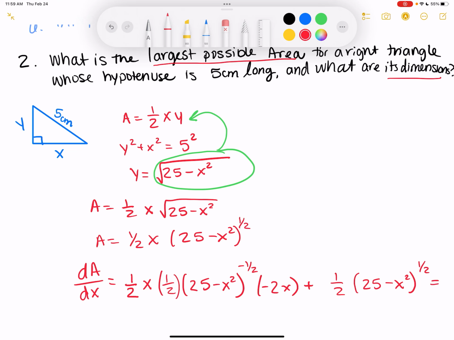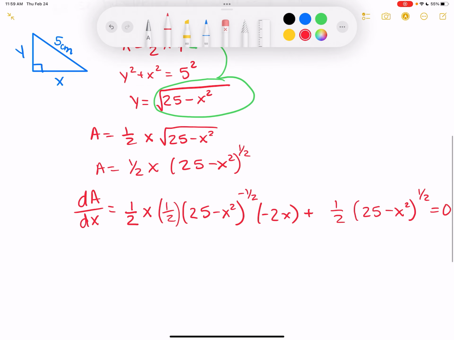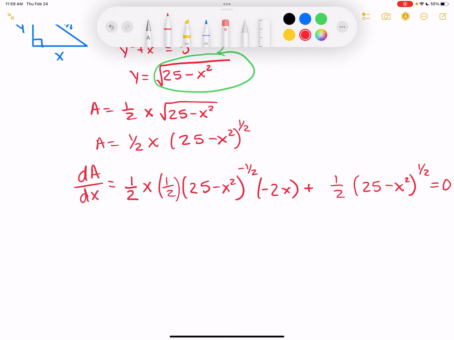And this is all going to be equal to 0. So I want to solve for x, which looks a little bit entertaining as it sits. So I'm going to move some stuff around. Slide this up some so that you can see it.